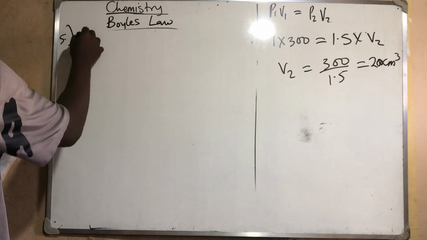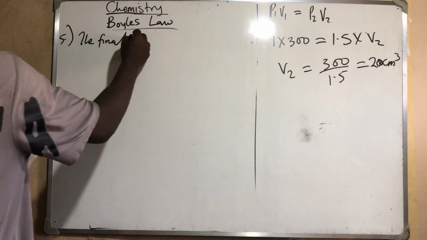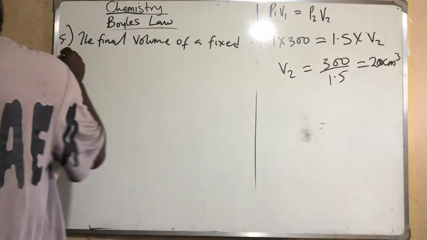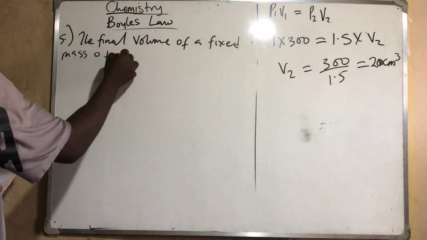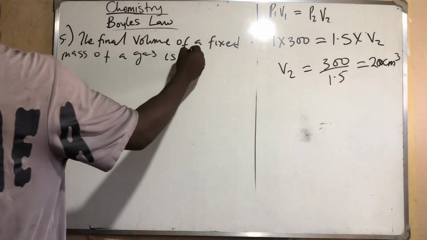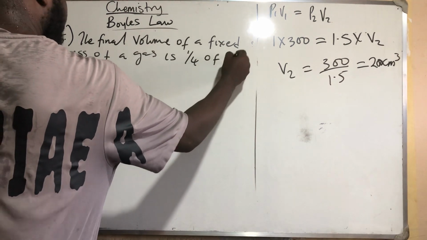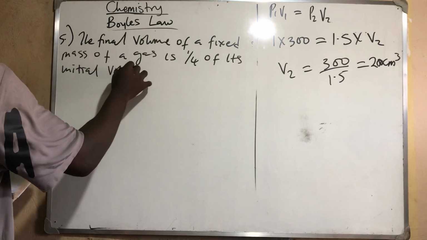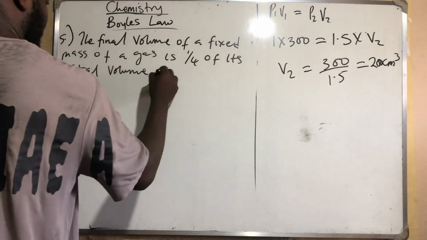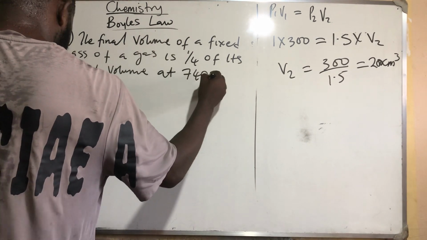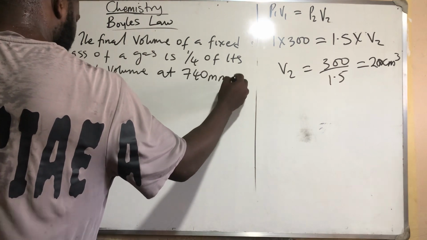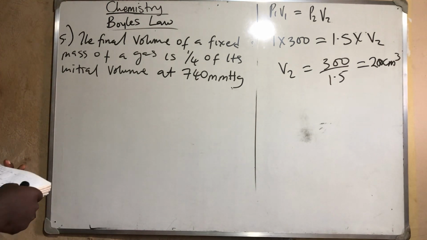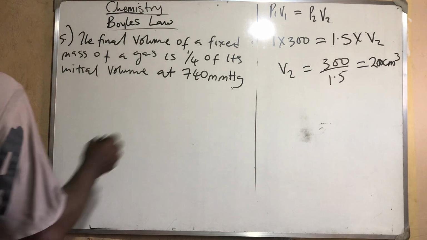Question number 5 said the final volume of a fixed mass of a gas is 1/4 of its initial volume at 740 millimeter mercury, right? Then full stop.